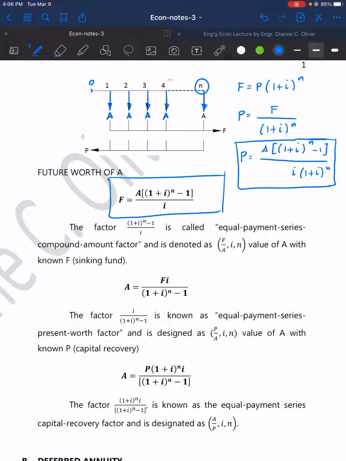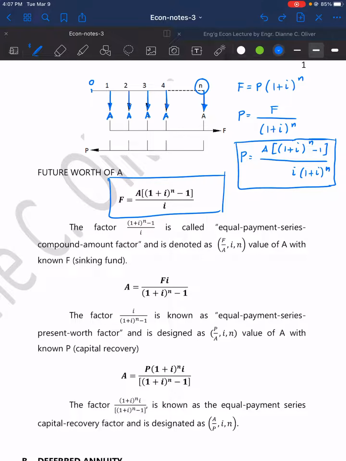But let's change the exponent here. Knowing that N for the future worth formula here means the number of payments made, and the N here is different because it is the number of periods.